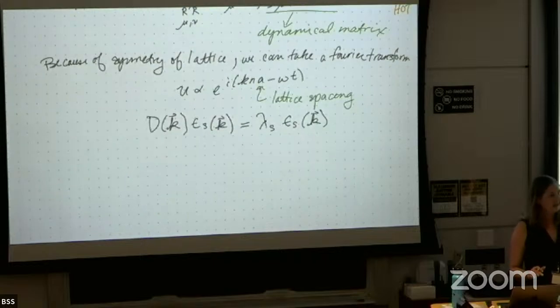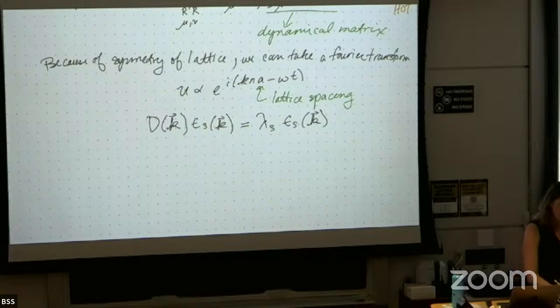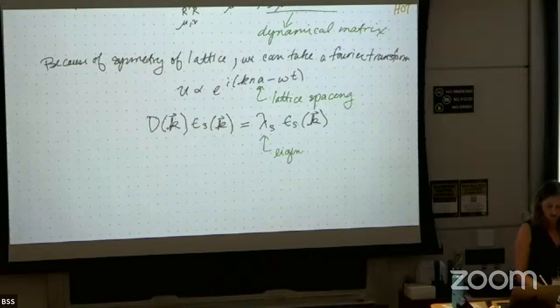This basically says that once I take the Fourier transform, the dynamical matrix D is diagonalizable, and it has real entries. So these are eigenvalues, and these are eigenvectors, or for vibrational modes these are often called normal modes.